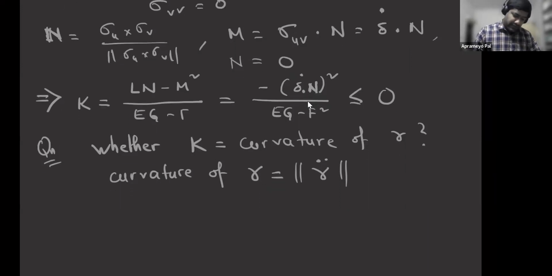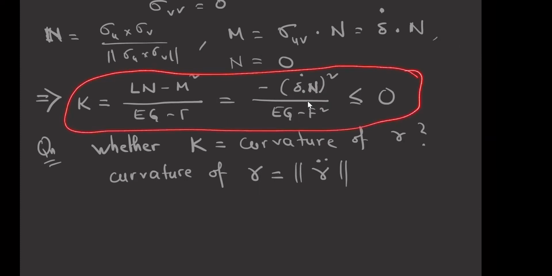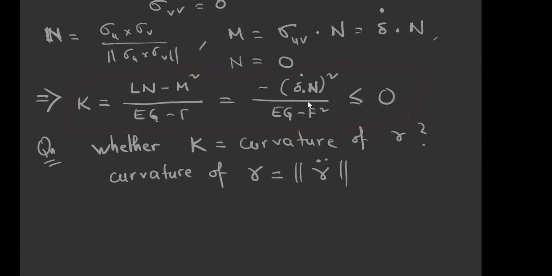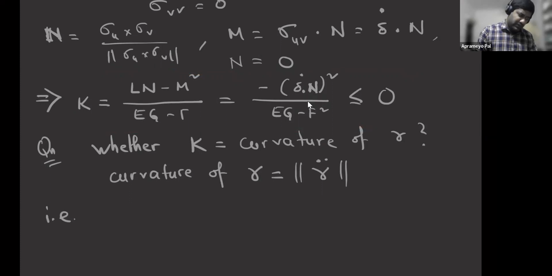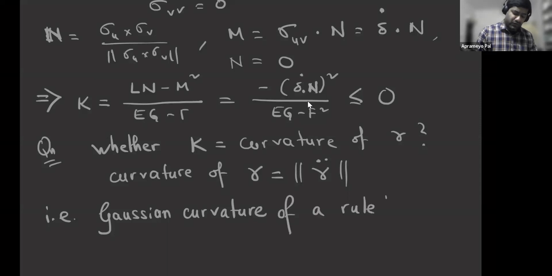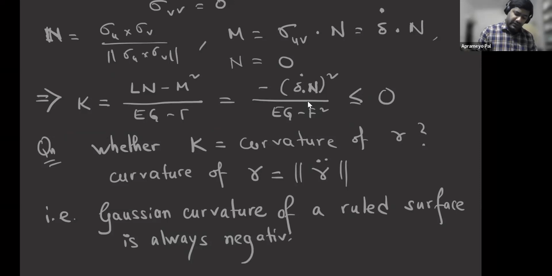Okay, so let's come back to what we have seen, that k is always less than or equal to 0, and that's the thing I wanted to conclude, that the Gaussian curvature of a ruled surface is always negative or 0, because it's less than or equal to 0, right?